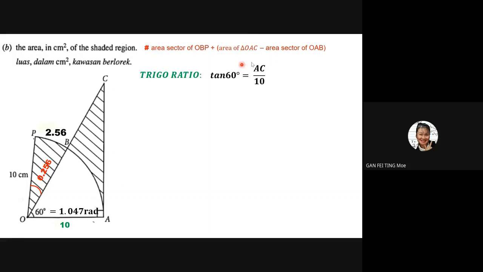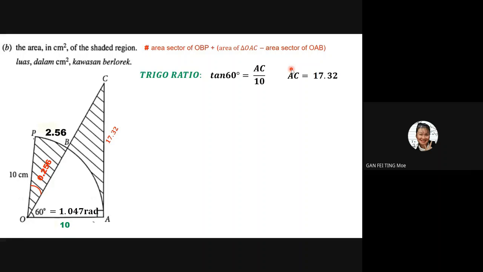You have to use the trigo ratio, tangent 60 equals to AC divided by 10. You will get the height for AC. Syarul, what's the height for AC? 17.32. Okay, get the answer.